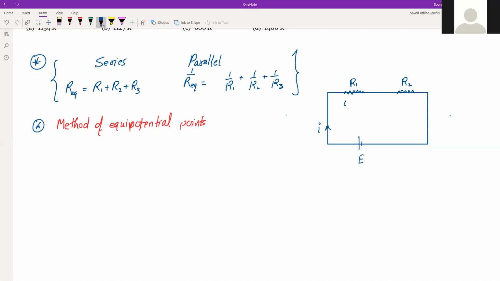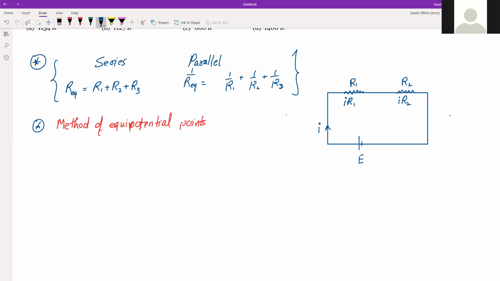So here there will be a drop, and that drop will be I into R1. You can see here there is no division of current, so the same current will flow everywhere. And here that drop will be IR2. Drop in what? Drop in potential.